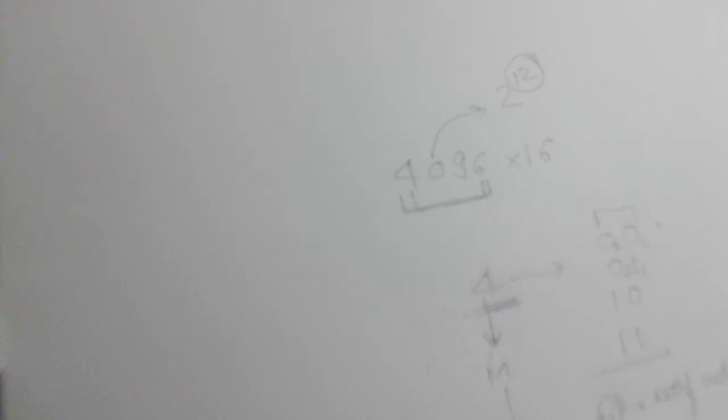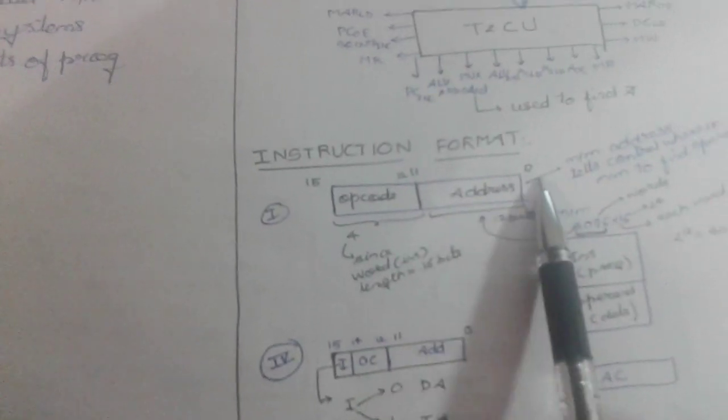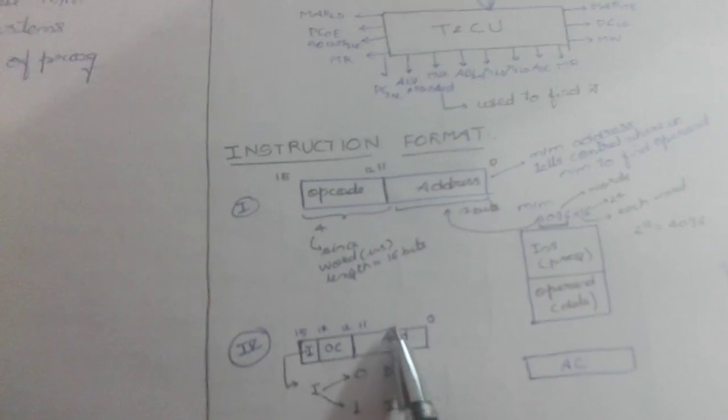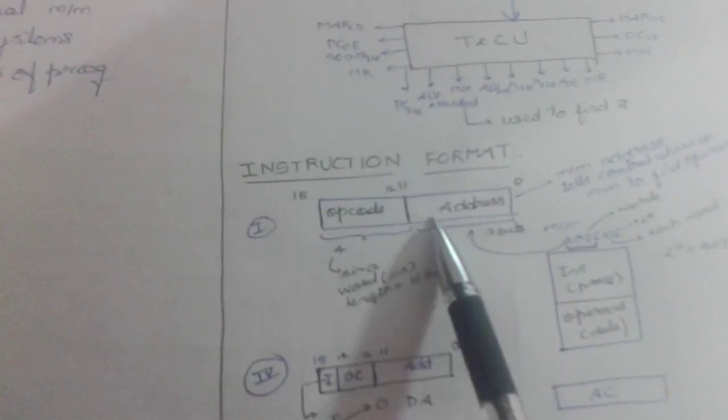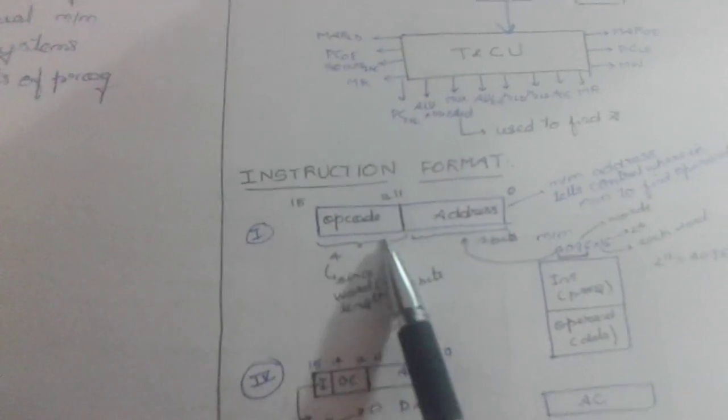So we need 12 address lines, that means we need 12 bits for expressing the address. That's why we are using bits 0 to 11 of a 16-bit register as address bits. After using these 12 bits, we have 4 bits left.